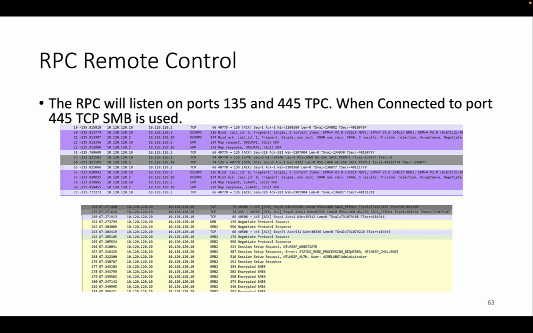When we connect to the machine, one of the things that we're going to notice is depending on what tool we are using to connect to it. Is it Mimikatz itself or even Impacket? The Impacket SMB library can actually be used to connect to the RPC endpoint. One of the things that we're going to notice is that if we use Mimikatz, it's going to be RPC or port 135 or port 445.